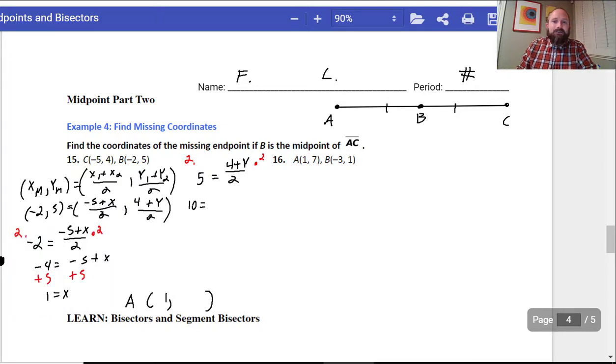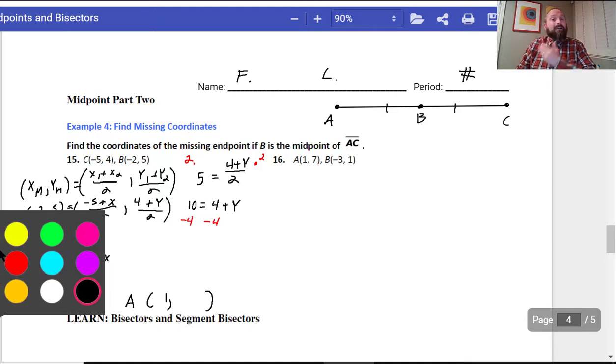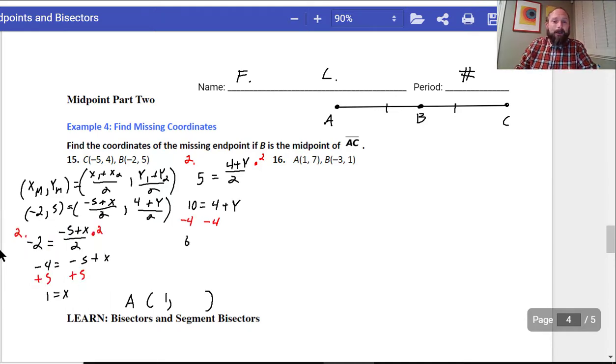I get 10 is equal to 4 plus y. All right, guys, 4 plus what equals 10? All right, it's 6. But we should still show our work by subtracting 4, the inverse operations, as we slowly get y by itself. So the other endpoint is 1 comma 6.